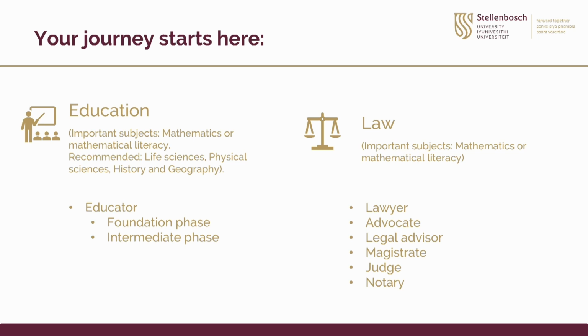Once you are done with your BSc, you can apply for PGCE, which is Postgraduate Certificate in Education. Then you'll be a qualified physics teacher. Then if you join the law faculty, remember what I mentioned earlier? You can do law with pure maths or maths lit, and you can become a lawyer.